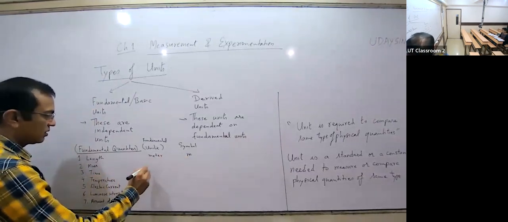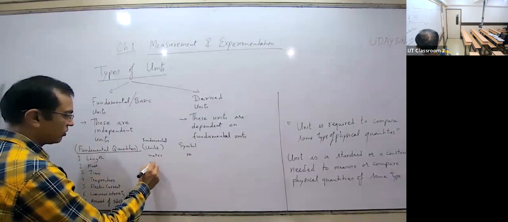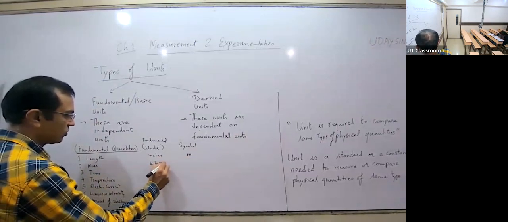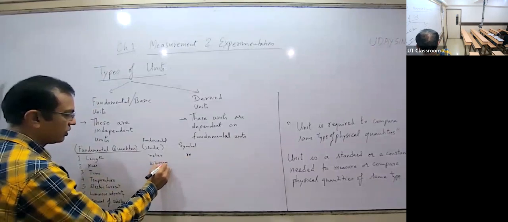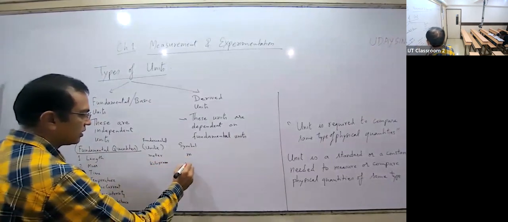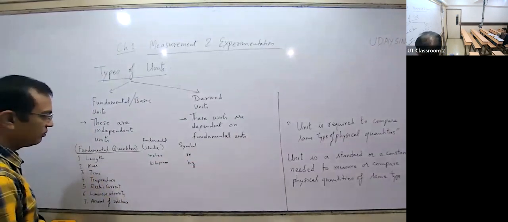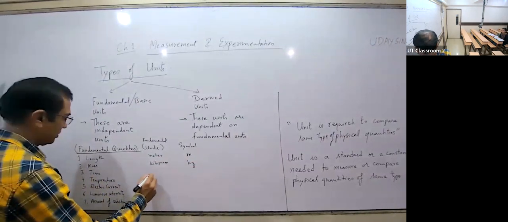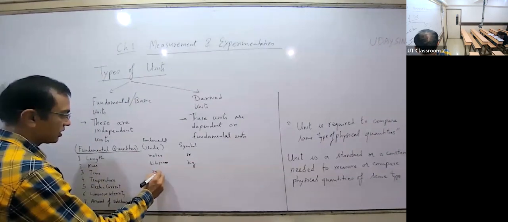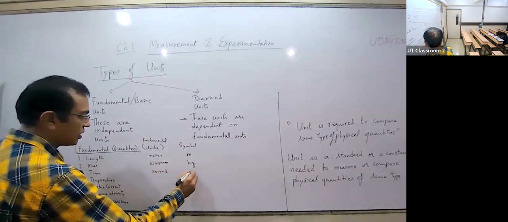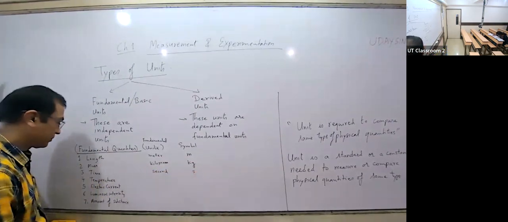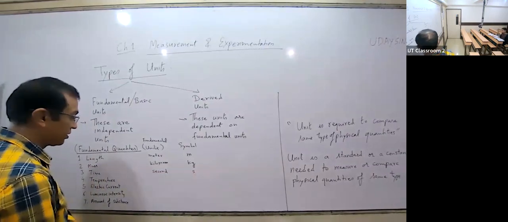What is mass? Kilogram. When you write it in full, it is written like this, and then it is kg. What about time? Second. Second, and small s. What about temperature?